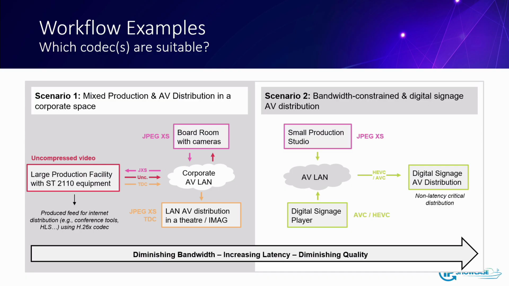So a quick word about some workflow examples of where those codecs and profiles would be suitable. The first scenario is, let's say you have a mixed production and AV distribution workflow in a corporate space, where you've got a large production facility with existing SMPTE 2110 equipment, and you've got, for example, a boardroom, and you want to distribute some content in a local area network in a theater where you're performing, for example, image magnification.